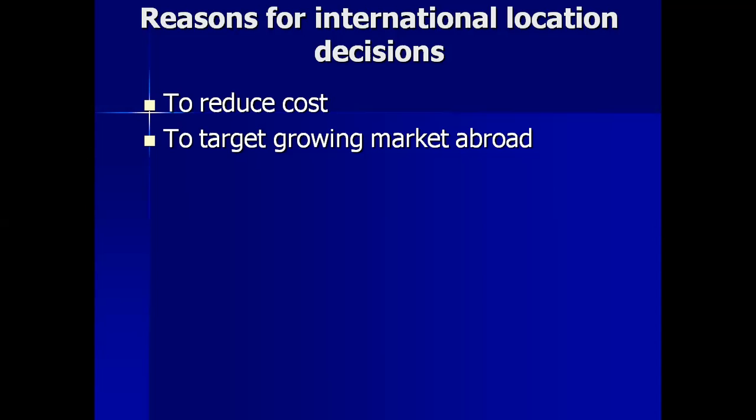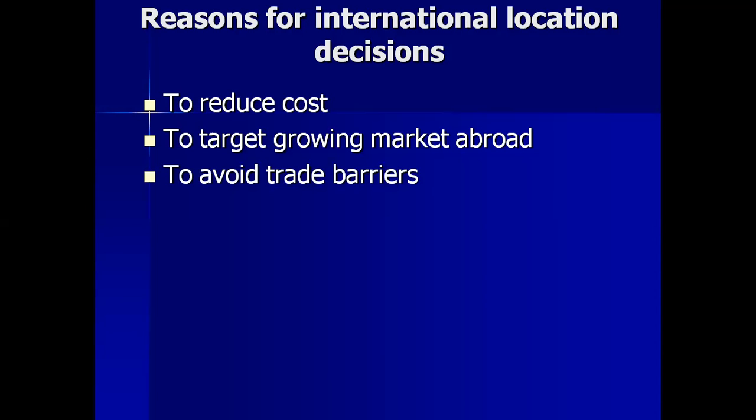Because most of the time, when you feel that there is saturation in your home market, that you are already selling to lots of customers in your own country, in order to increase your sales, you plan to go to another country so that you can sell over there as well, and you feel that there is a significant increase in the number of potential customers over there. So to increase your sales, you plan to go there.